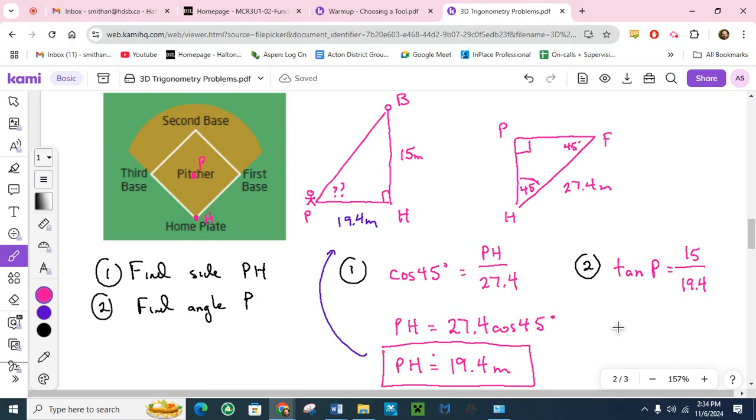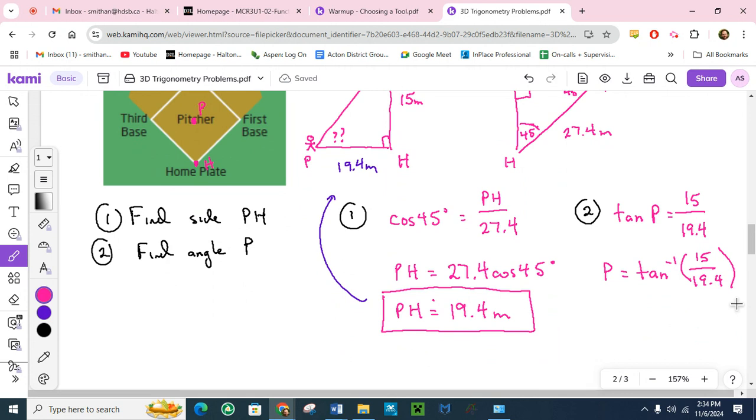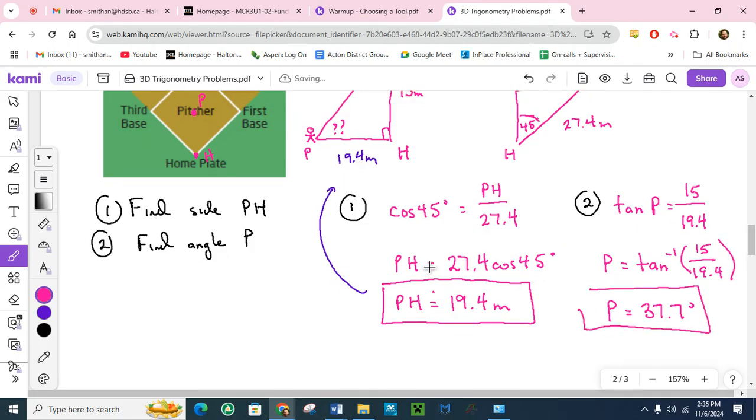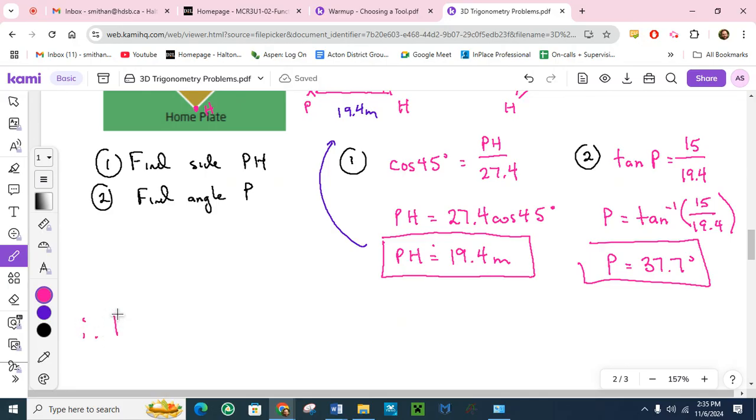And we'll solve for P. I'm going to tell my calculator to do that all at once, do the division, and then do inverse tan. And I got 37.7 degrees. So we're done. That pitcher has to crank his neck up about 37.7 degrees.